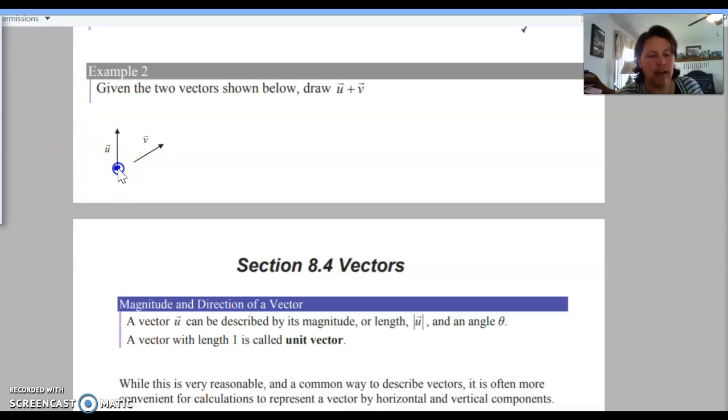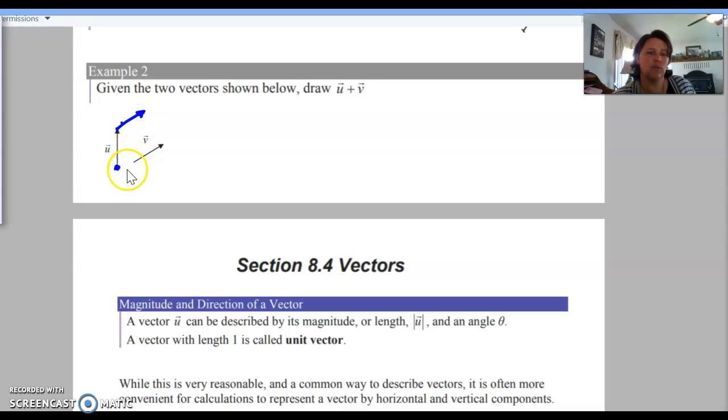So anchor that spot, and then we want to slide this vector so that the beginning of this vector touches the end of U. We have to make sure that we have the same direction as V, and it also has to have the same length.